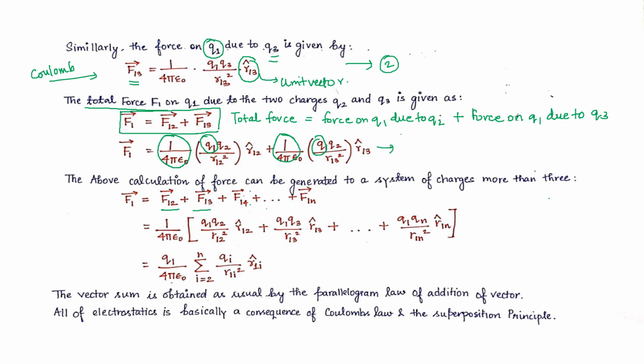Taking the commons out, F1, the total force on charge 1, equals 1 by 4 pi epsilon naught into Q1 times Q2 by R12 square plus Q3 by R13 square. It is not simply R square, because the distances of Q2 and Q3 are not the same, they are different.